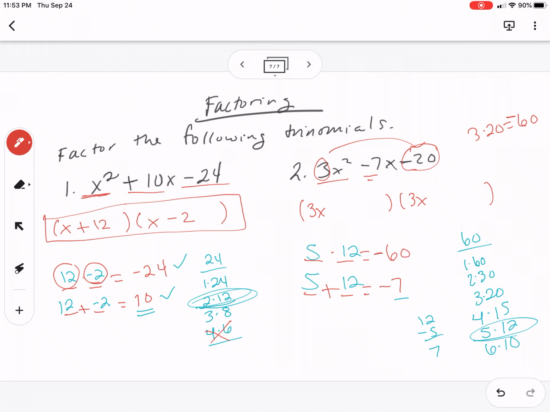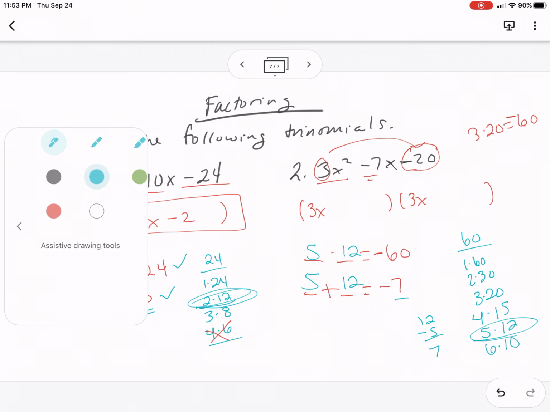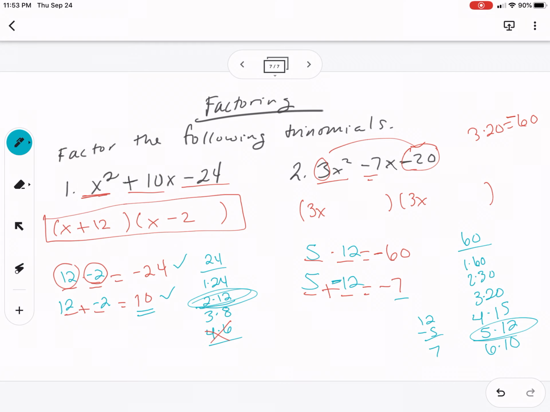So now from there, if I look at my numbers for 5 and 12, if I want negative 7, my 12 would have to be negative. 5 plus negative 12 is negative 7. And if you do 5 times negative 12, you get a negative 60. So sorry about that. I had done a typo when I wrote it.